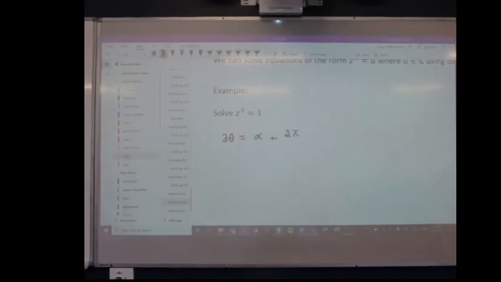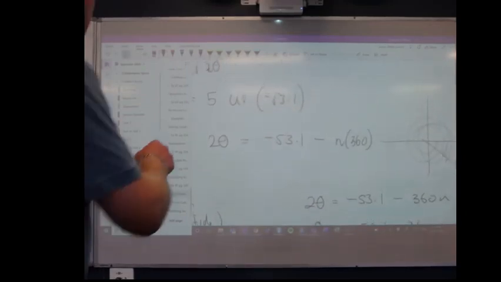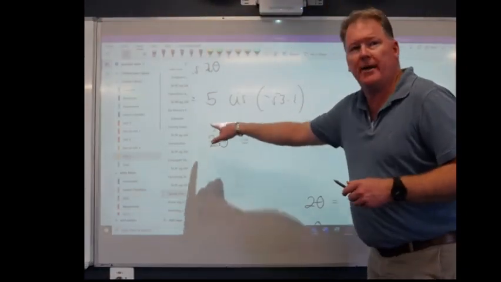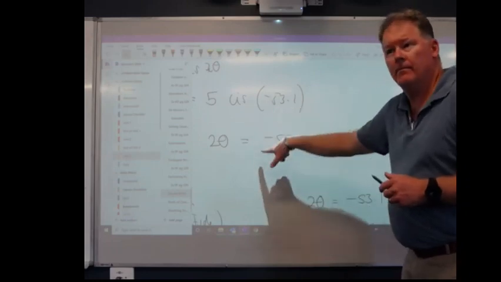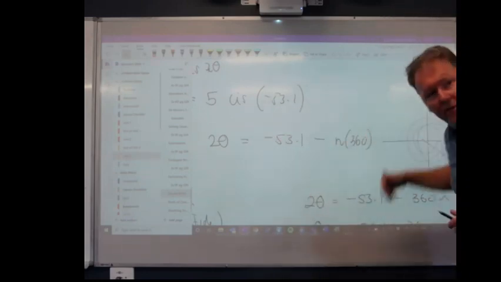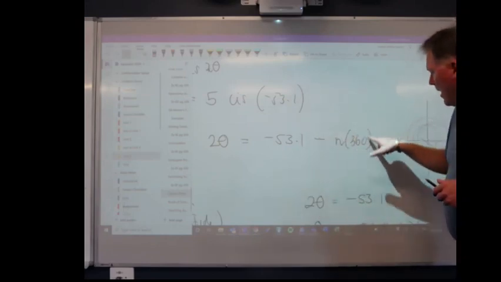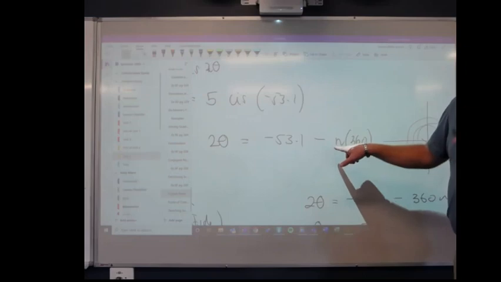2 pi n, because if we go back to the previous screen, we started with 2 theta from our de Moivre's theorem expansion, which was our angle that we calculated. And in this case, because it was a negative, we went subtracting, minus a full rotation times an integer, 0, 1, 2.